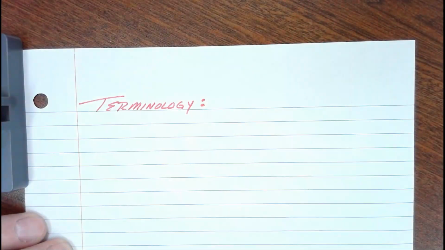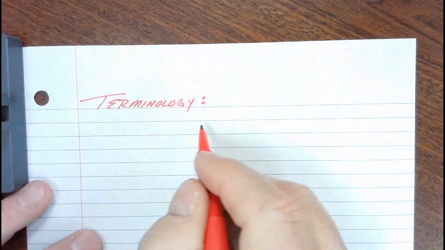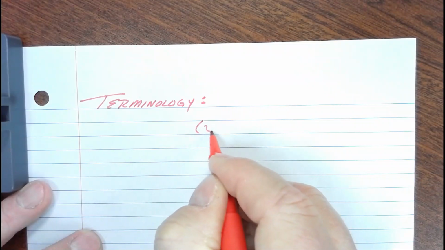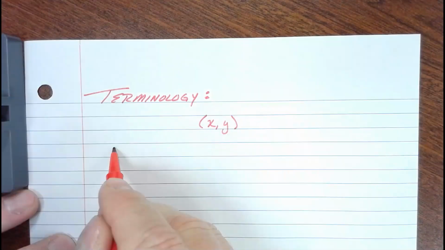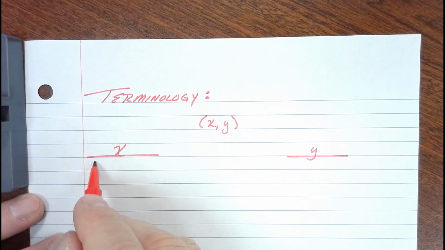All right, we're going to start off today talking about some terminology. And last time we talked about the ordered pair (x, y). This value gives us the domain.